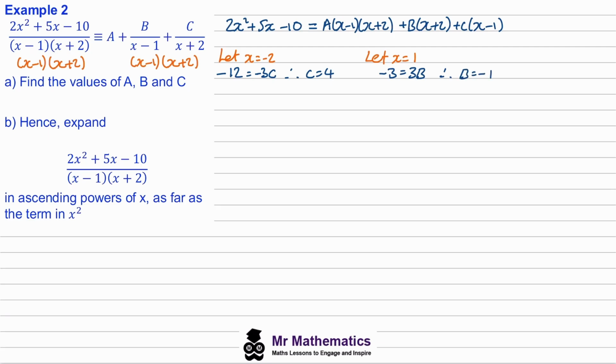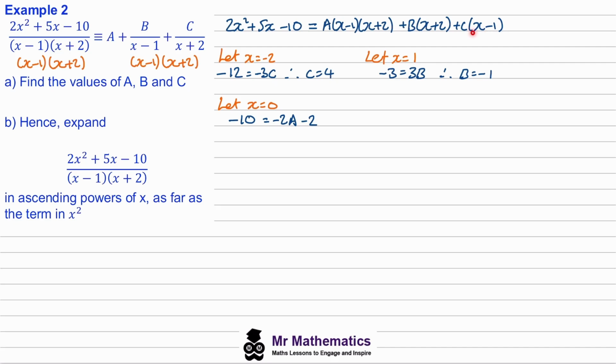And then to work out the a term, we can let x equal 0. Then our left-hand side will become negative 10. We'll have negative 1 times positive 2, so negative 2a. We'll have 2b, and we know that b is negative 1, so this will give us negative 2.